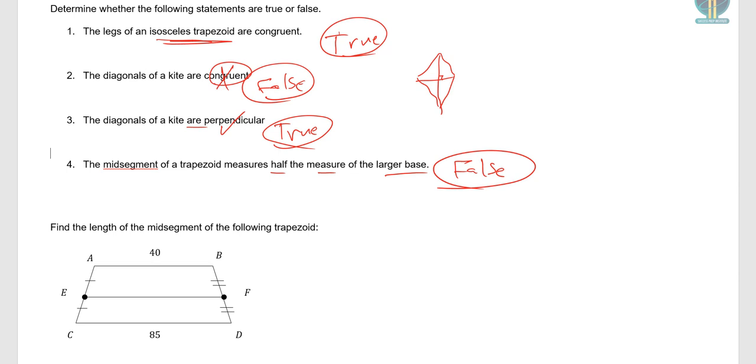So again, the length of the midsegment, this is an L by the way, is equal to the length of base 1 plus the length of base 2 over 2. That's what it's equal to.